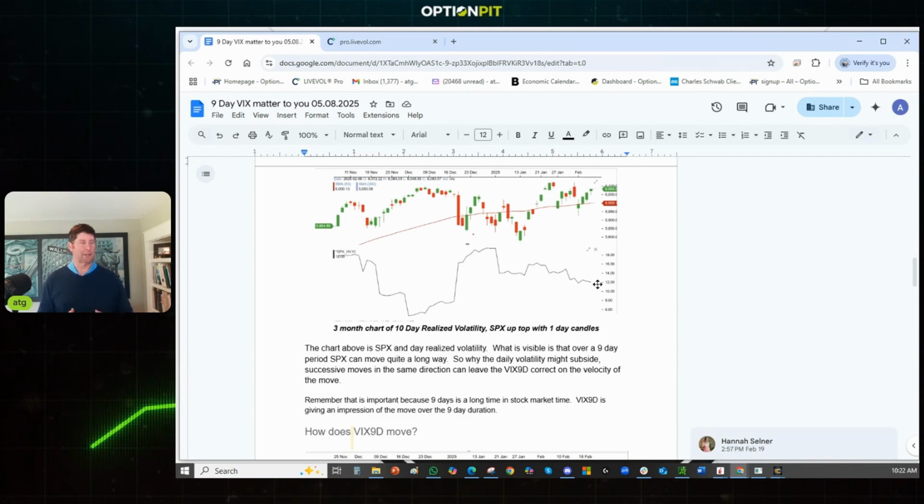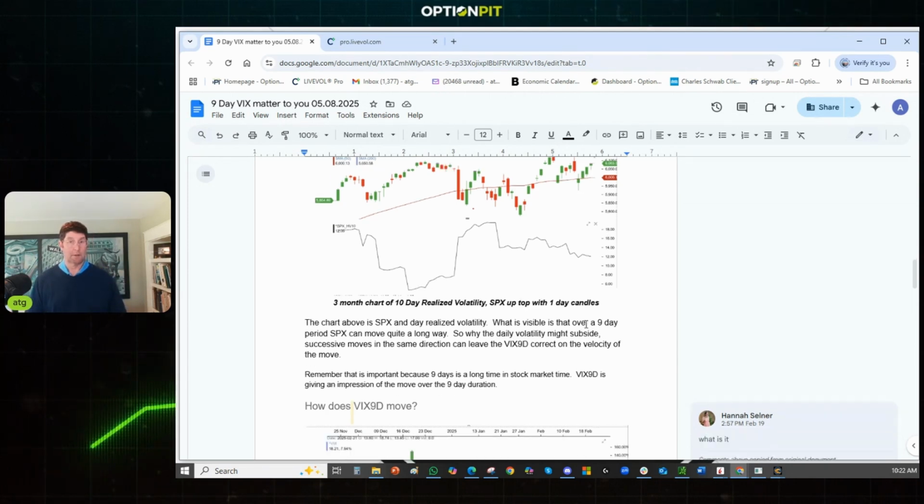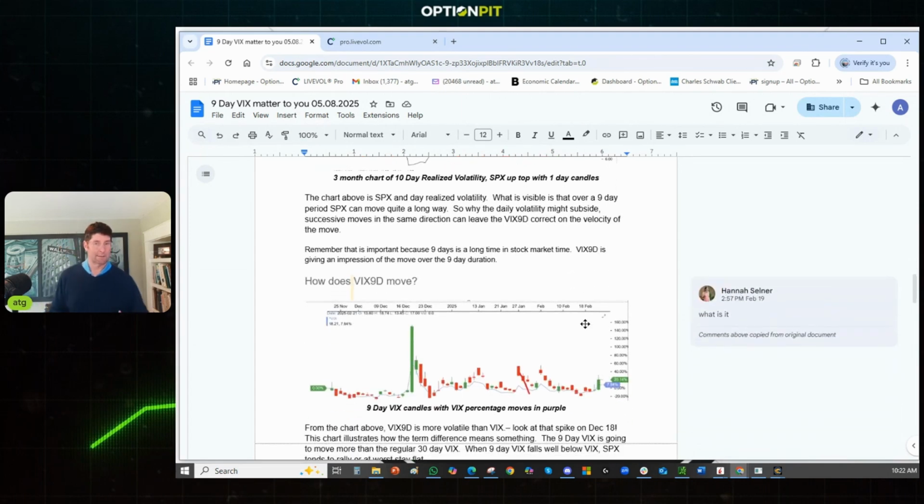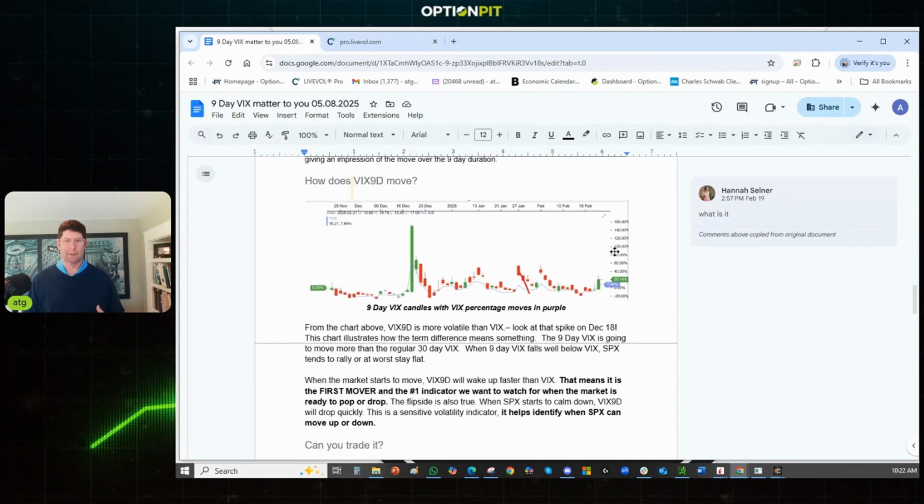So again, these are very strong correlations between stocks going up and realized volatility slowly going down. But right now what's happening is traders are still paying up for options in the short term because they think, or other traders are paying up for options going up.